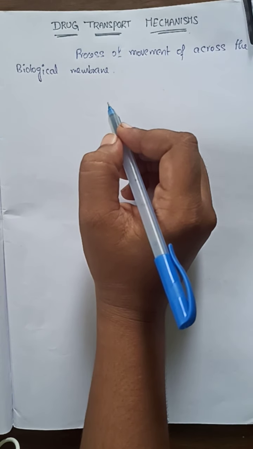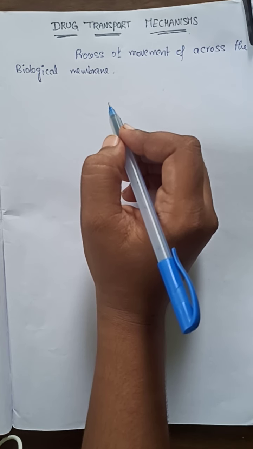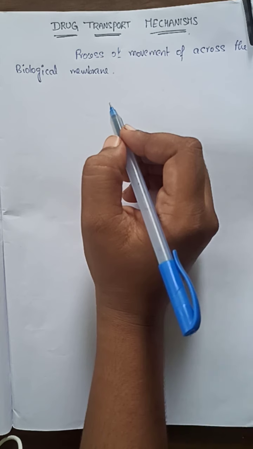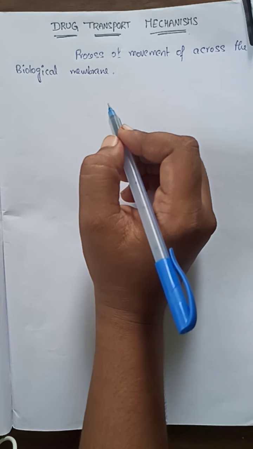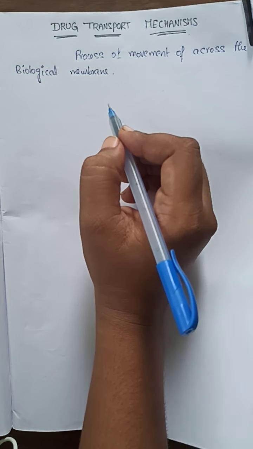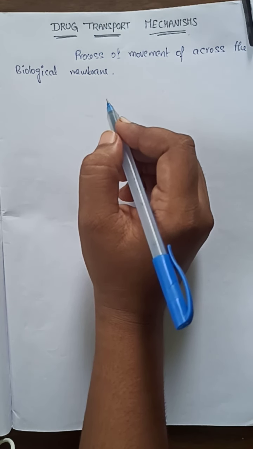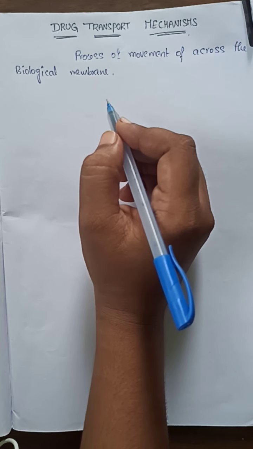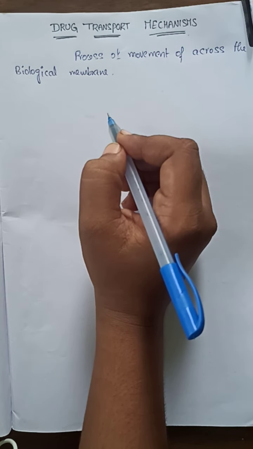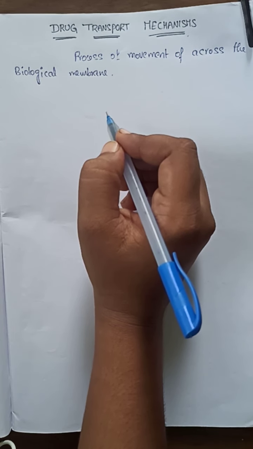After administration of a drug by the oral route, it first undergoes disintegration and dissolution, converting into a solution form. Now the drug in dissolved form has to cross the GI membrane and enter into the systemic circulation. So the permeation of the drug across the membrane is known as drug transport.